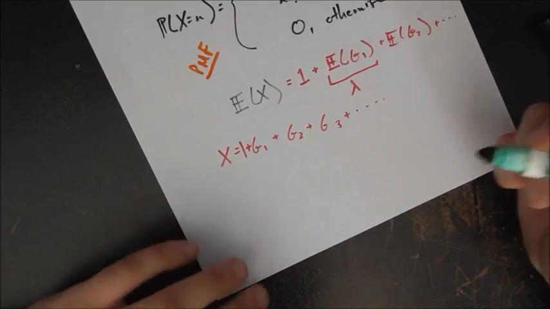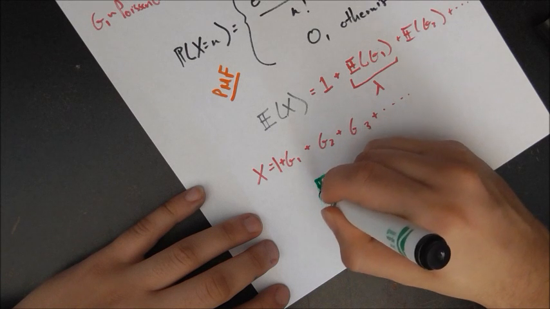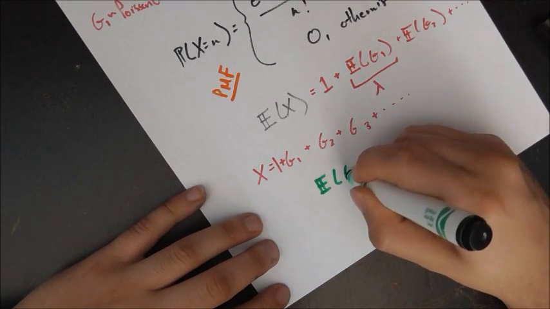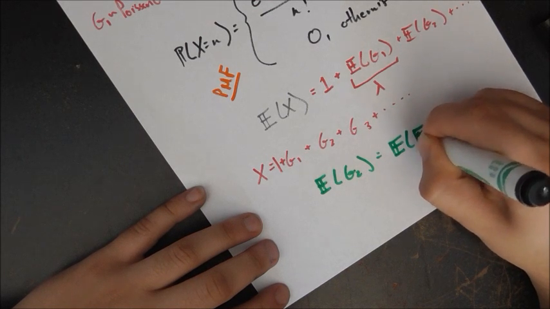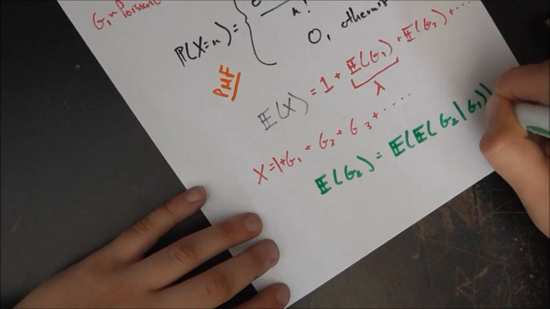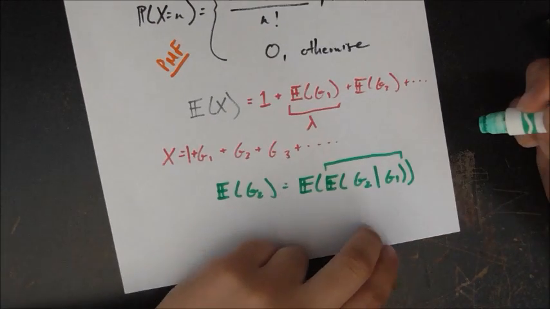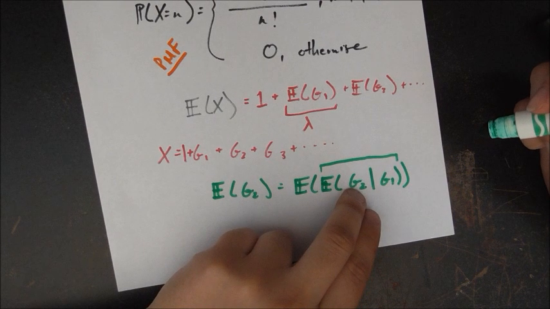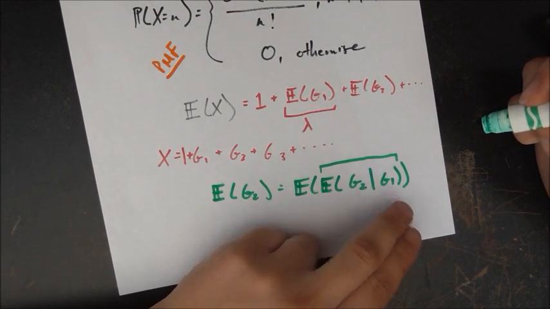But in a compact form, the law of iterated expectation says that the expected value of some random variable, here we want g2, is equal to the expected value of the expected value of that random variable conditioned on some other random variable. In this case, we're going to use g1. So this inside part is saying, what is the expected number of people in generation 2 given that we have g1 people in generation 1? Okay?